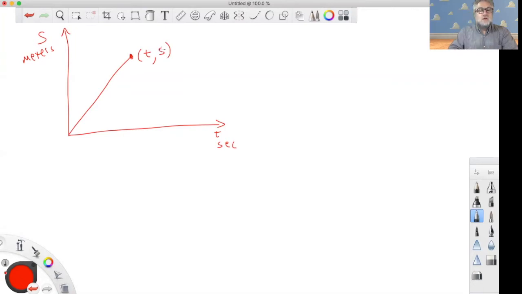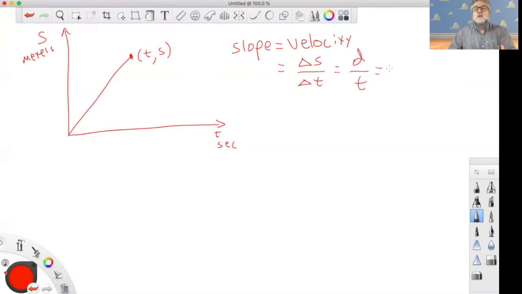Well, we know the slope on this graph equals the velocity. And the slope would be change in distance over change in time. So let's write d over t equals v.